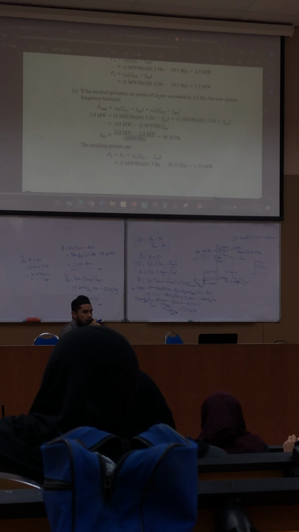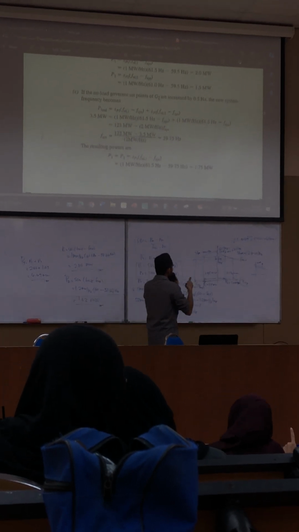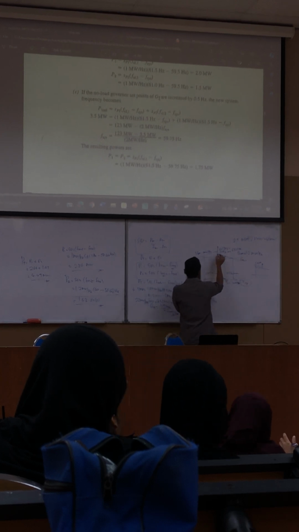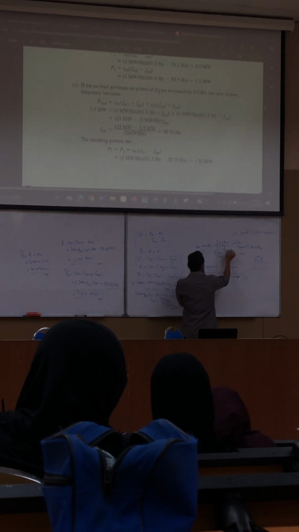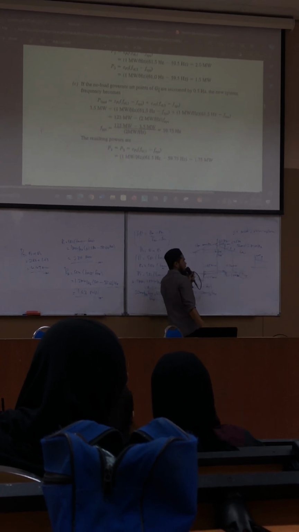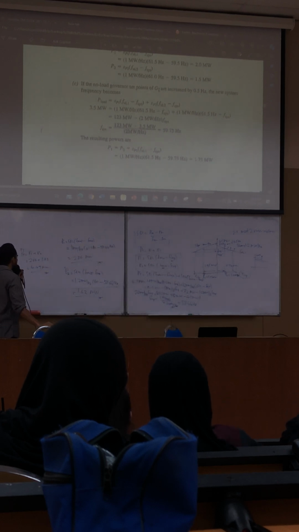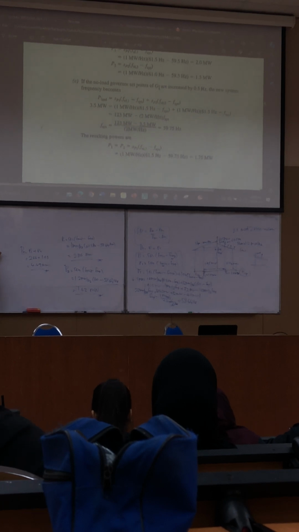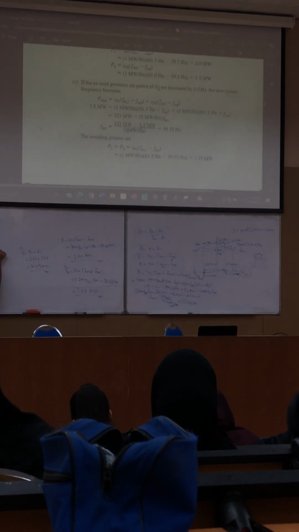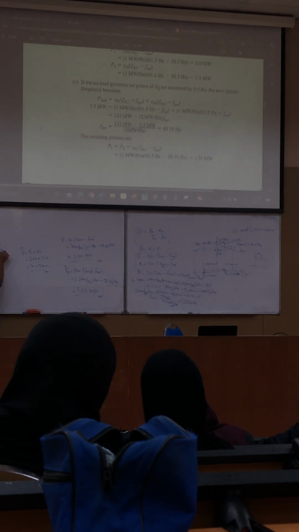G2 sahaja. For C, we have slope for G1 maintained. Only G2 increases 0.5 hertz. So initially this is your diagram, and 61.5, 60.0 hertz of no load frequency.